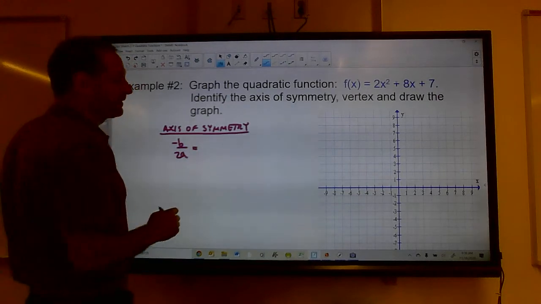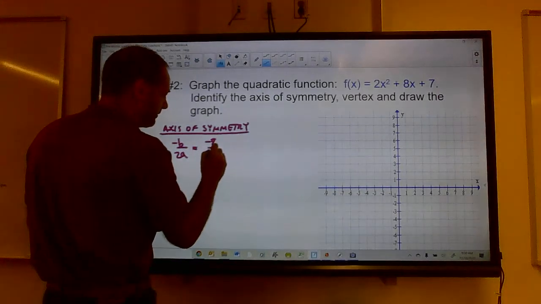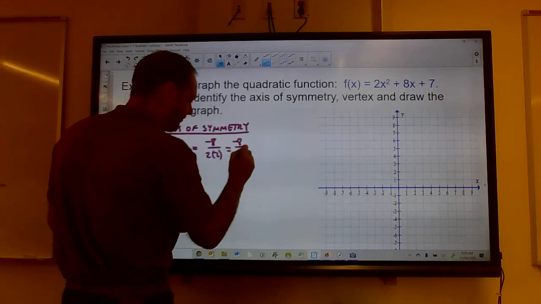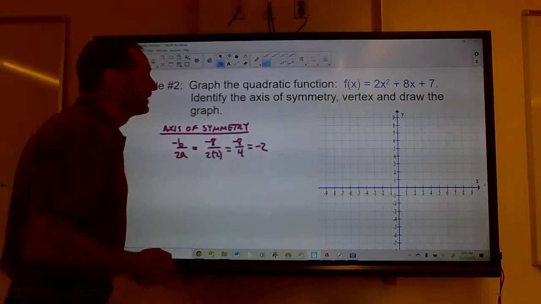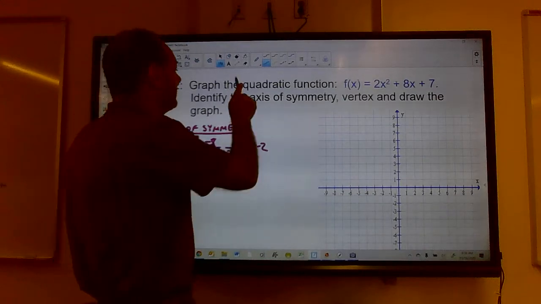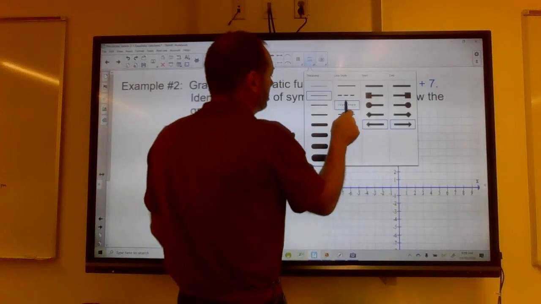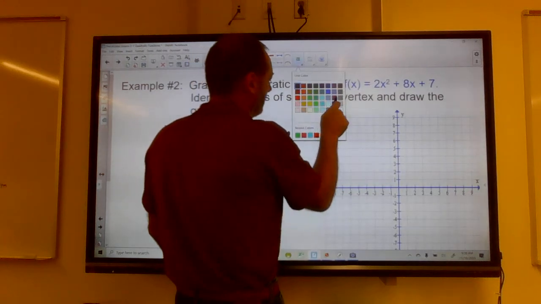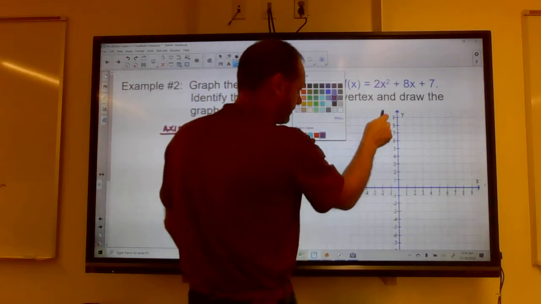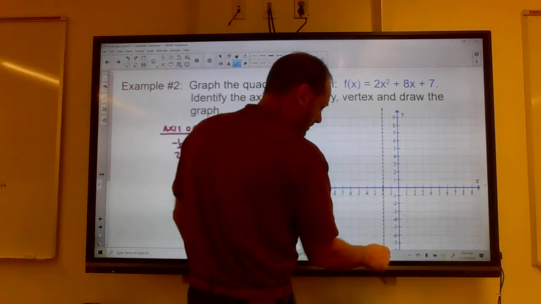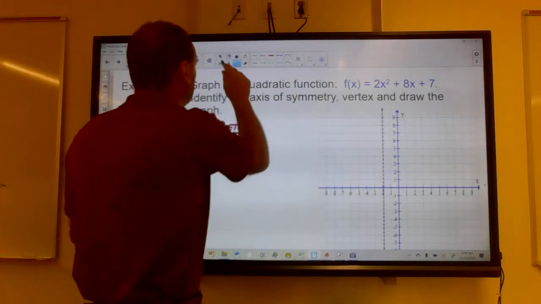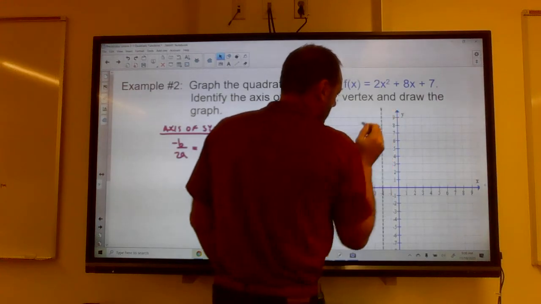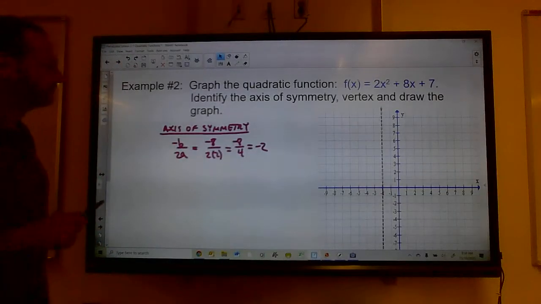So in this case, that's going to be negative 8 over 2 times 2, which is negative 8 over 4, which is negative 2. I would go immediately and draw the axis of symmetry on my graph. It's at negative 2, so it's right here. There's my axis of symmetry.